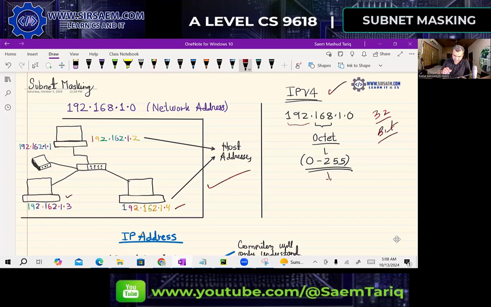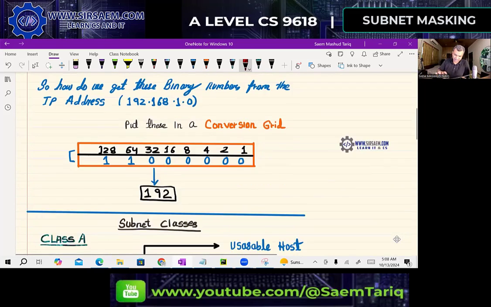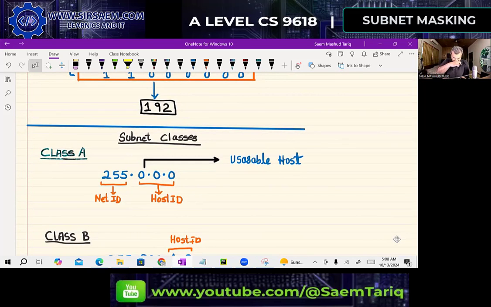You should know that this is an example of a host address, and let's say this is my network address. Let me first explain this, then I'll come back. When we talk about subnet masks, we have the concept of classes. In class A, we have 255 as our network ID, and the rest as the host ID.